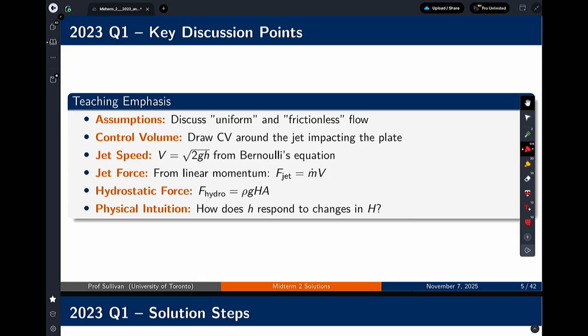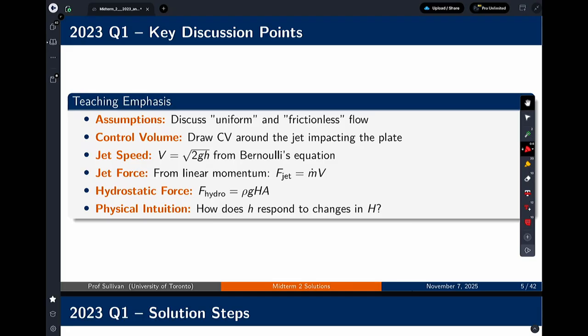So uniform, well, there's things I should talk about. With a lot of these flows, especially flows out of tanks, you're going to use Bernoulli equation. When you use Bernoulli equation, you're making an assumption about the flow coming out, and you assume it's frictionless.